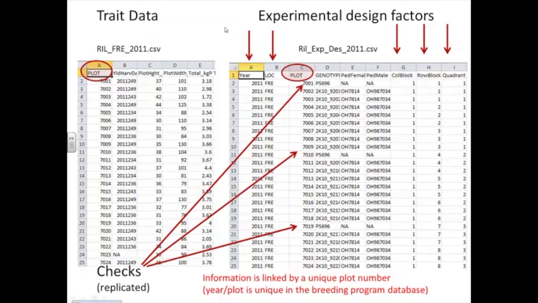So in our case, the check is a commercial hybrid, one that dominated the Midwest for years and dominated the northern Italian market for years. Okay, so it's among the best. It's not just anything, it's a good variety. All right? Okay, so these are the pieces of information that we have.